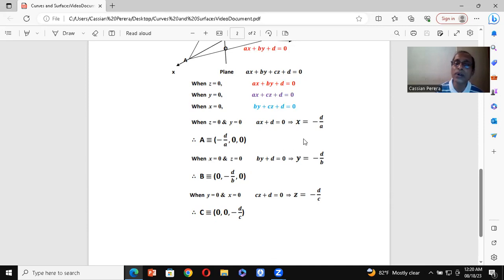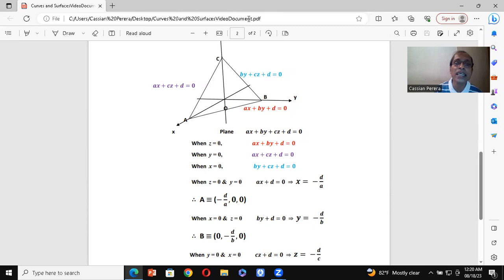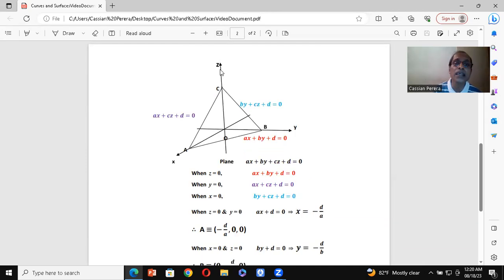Now, how do you find the C coordinate? C coordinate means it's on this line, here it's on the z axis. Z axis means x coordinate is 0 and y coordinate is 0.